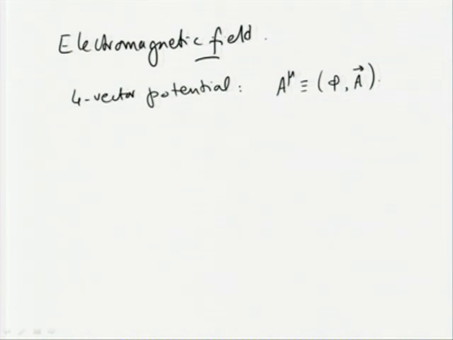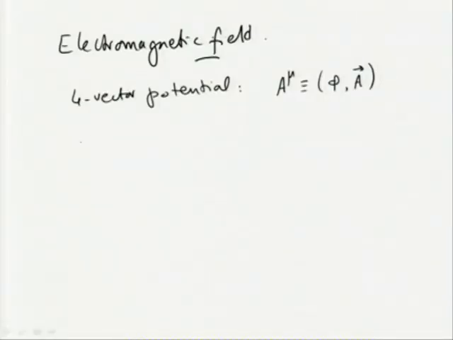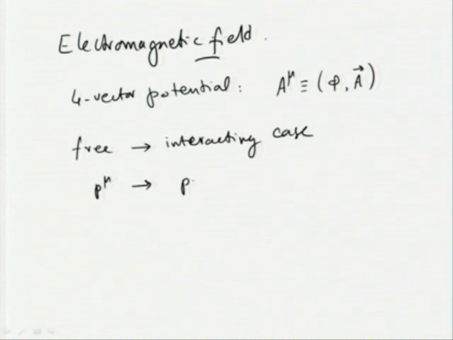And if you look at standard textbooks of electrodynamics, which also include relativistic classical electrodynamics, you will see that if you have a charged particle with momentum p, and you want to introduce the electromagnetic interaction of this particle with some electromagnetic field represented by A mu, then you can take the free case and go to the interacting case by taking the 4-momentum p mu to p mu plus E A mu, where E is the charge of the particle.